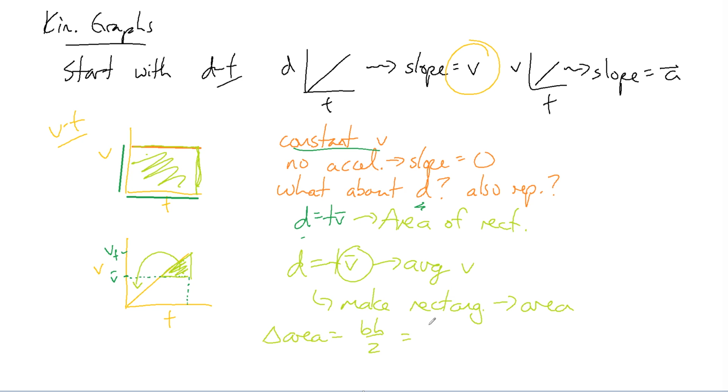Well, the base of my triangle was t, my height was my final v, and then you're dividing by 2. And right here again, if you're starting at 0 and you cut the final v in half, that is average v. So it's t times average v again. It's all the same thing, coming from different perspectives.